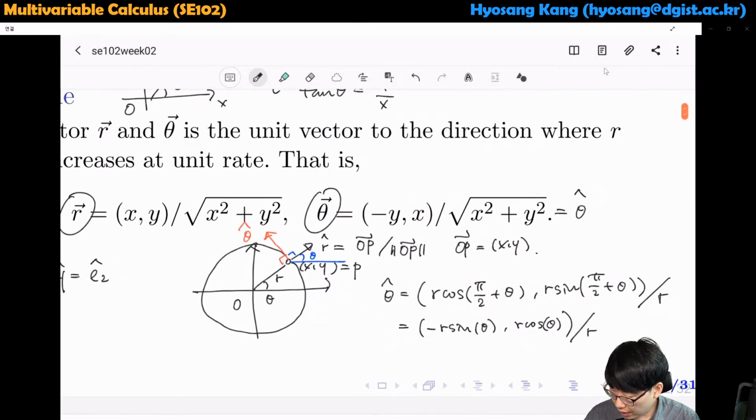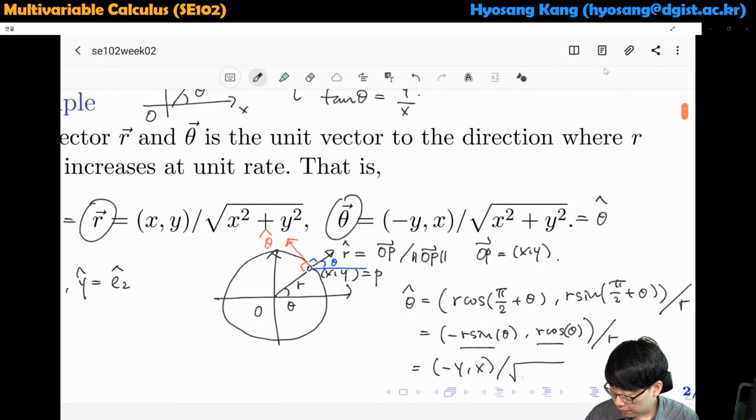But before we do that, I want to express this r and theta in terms of x and y. So I must replace this r sine theta and r cosine theta as y and x, and r is simply the length of the OP vector, so divide by square root of x squared plus y squared. That's how we get theta hat.